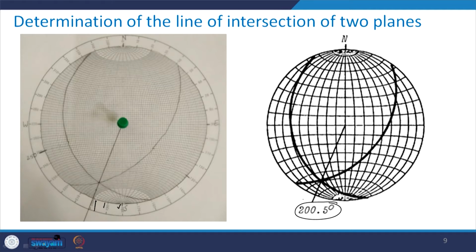After getting this, the line of intersection of these two planes, which is represented as this particular point, will have its plunge and trend, and this is how you can determine it. So, this has 20.5 and 200.5 degrees as the parameters with respect to the line of intersection of two planes. So, this is how it is done.